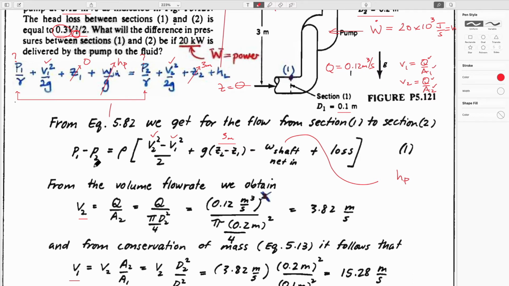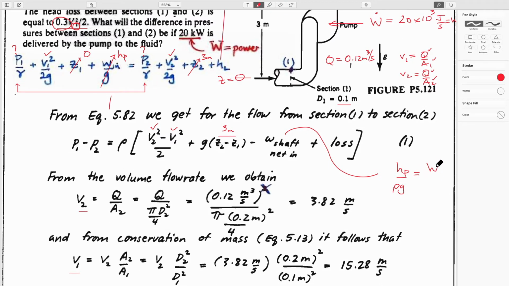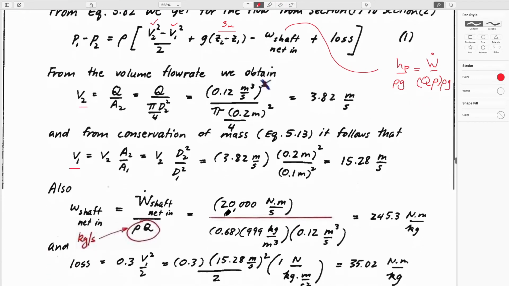We divided both sides through by unit weight, so this would be HP over rho g, which is equal to W over mass flow rate. So let me write it as Q rho times rho g. Seems kind of strange in terms of units, but nonetheless, I think that's right.